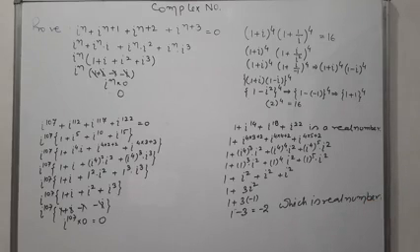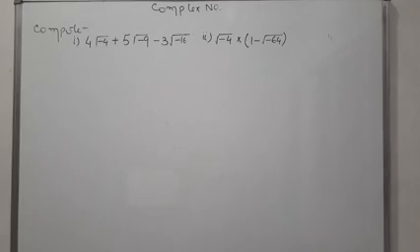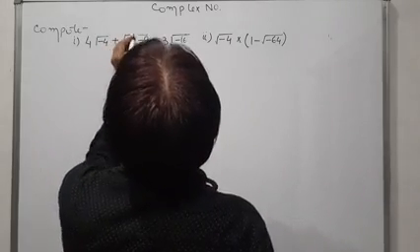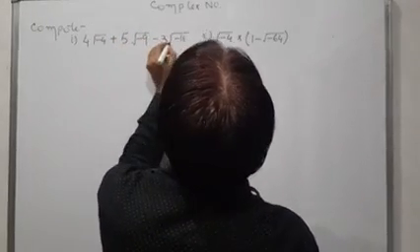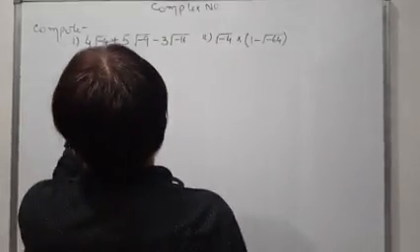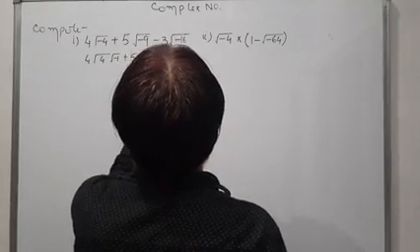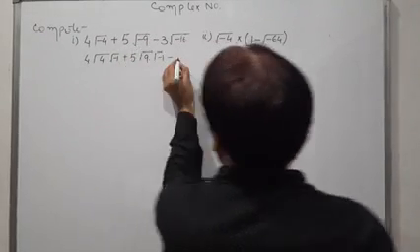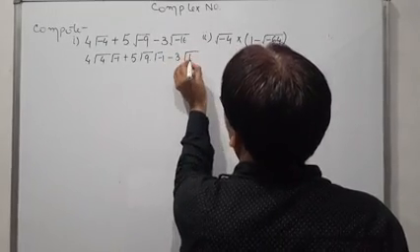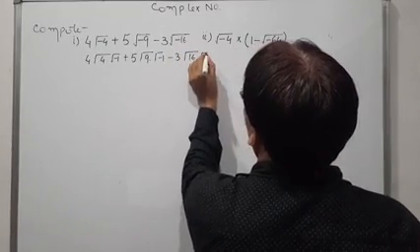Clear? Now we are going to solve this, simplify, compute this number. See, we can write it as 4 into under root 4 into under root minus 1, plus 5 under root 9 into under root minus 1, minus 3 under root 16 into under root minus 1.